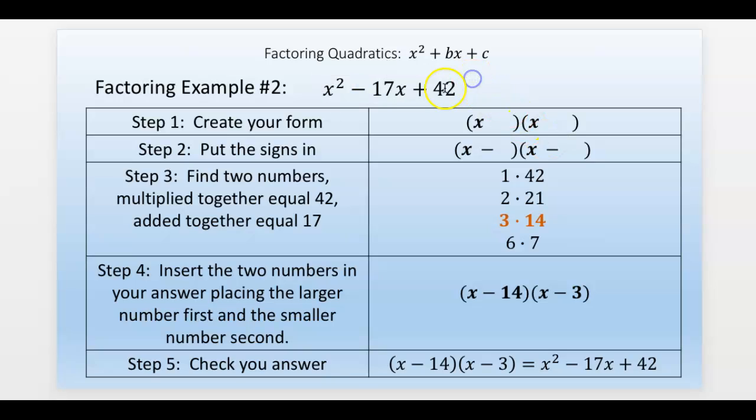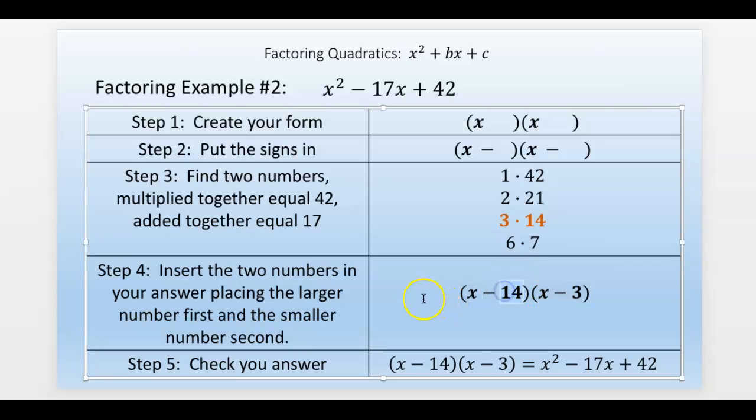All right, then you factor the 42 into factored pairs, and you're looking for the two numbers that, when you add them together, you get 17. That's the middle number. Turns out to be 3 and 14. Again, I always put the larger number first, even though in this case it won't matter because the signs are the same. I do it by habit. And then you can multiply this out to check your answer.